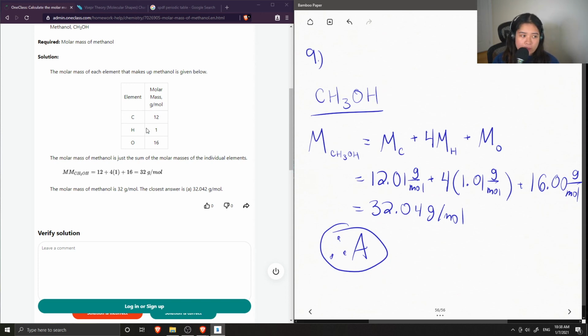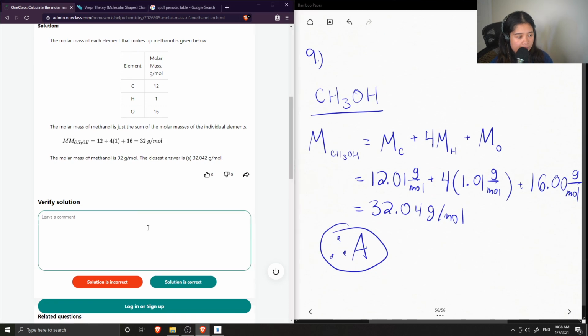So they summarize that carbon is 12, hydrogen is 1, oxygen is 16 grams per mole, and the molar mass is just the sum of the molar masses of the individual elements, also taking into account how many of each atom there are. You get 32 grams per mole. Yep. So this solution is correct.